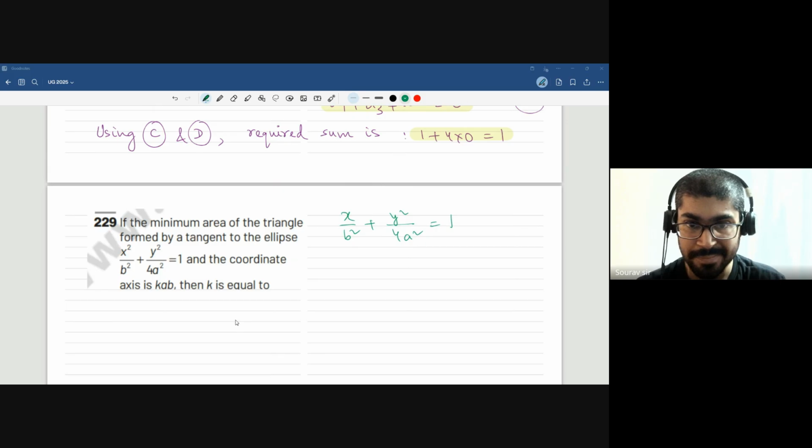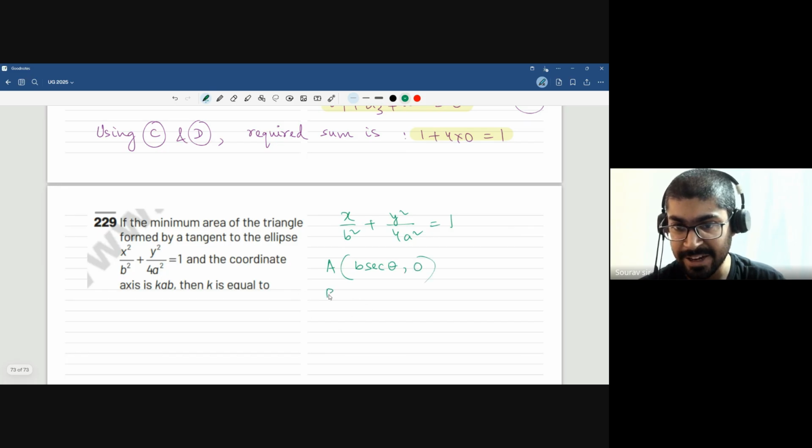So if I look into the coordinates in terms of trigonometry, A is the intersection on the x coordinate axis, right? So that will just be b sec theta comma 0, and B, the intersection on the y axis, will be 0 comma 2a cosec theta.